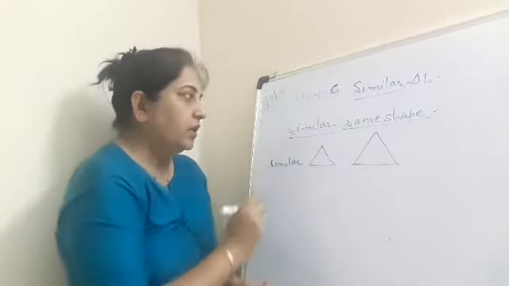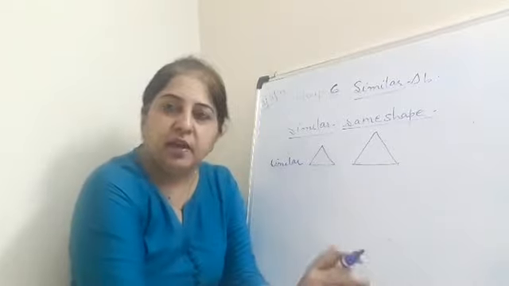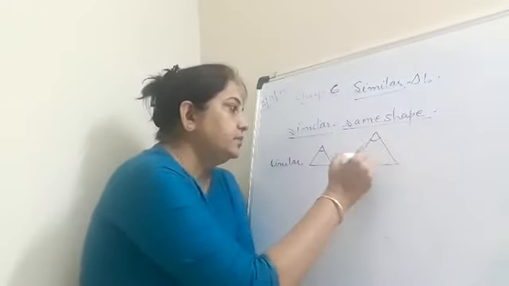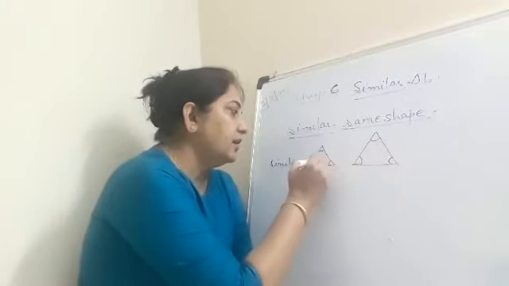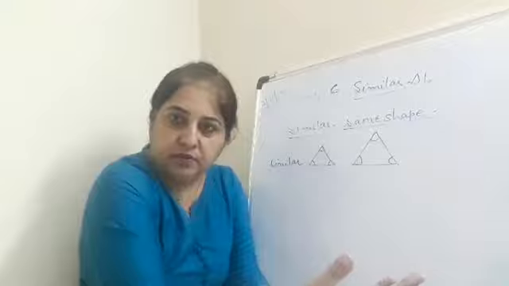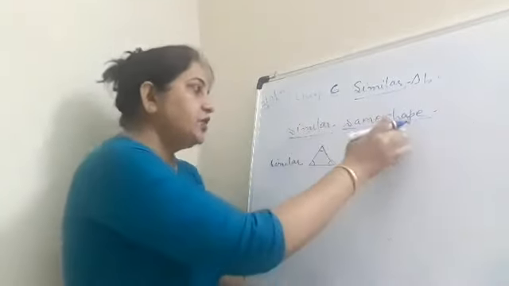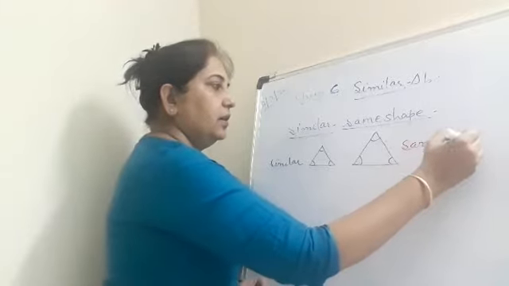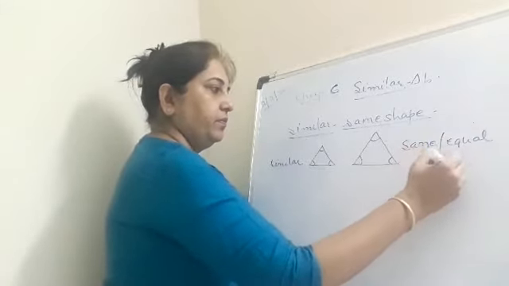One more thing you have to remember: if triangles are similar, they will have the same angles, meaning equal angles. So we can say that any similar figures will have the same shape and the same or equal angles.